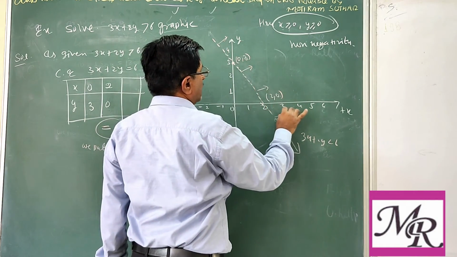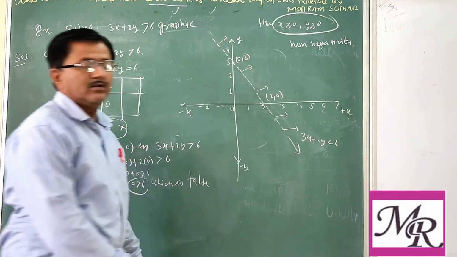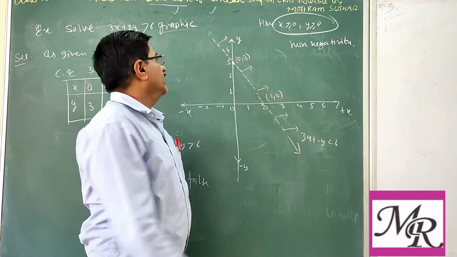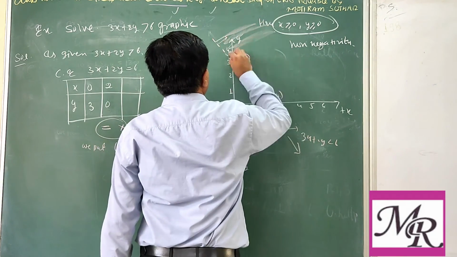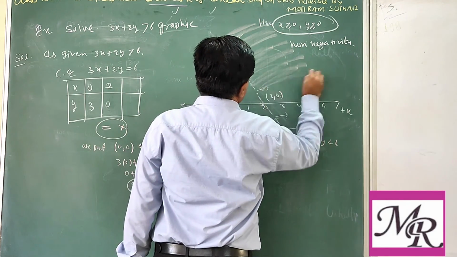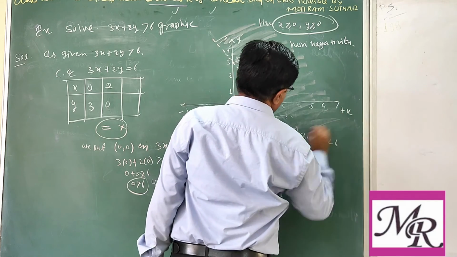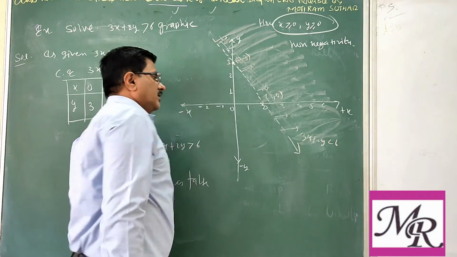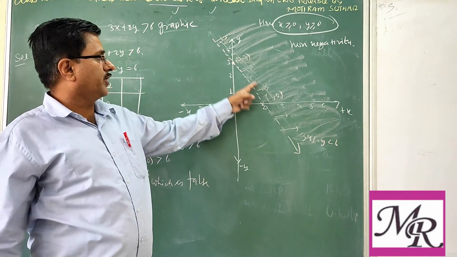We have only one condition; they have not given non-negativity. It means the solution will be toward this side, so you have to make a shaded portion like this. Not on the line; the line will be dotted.